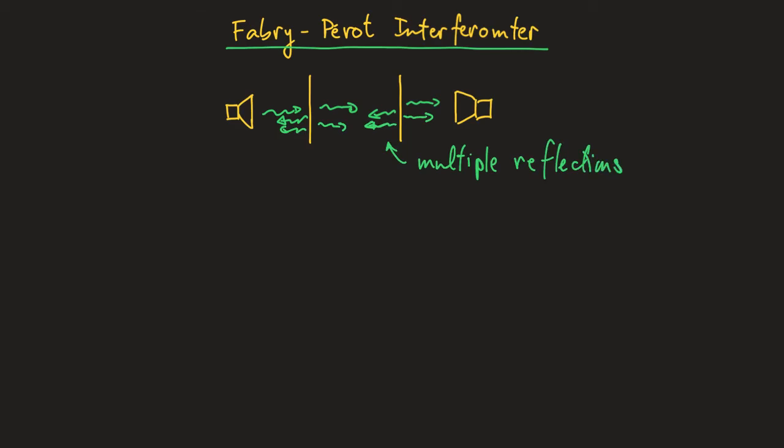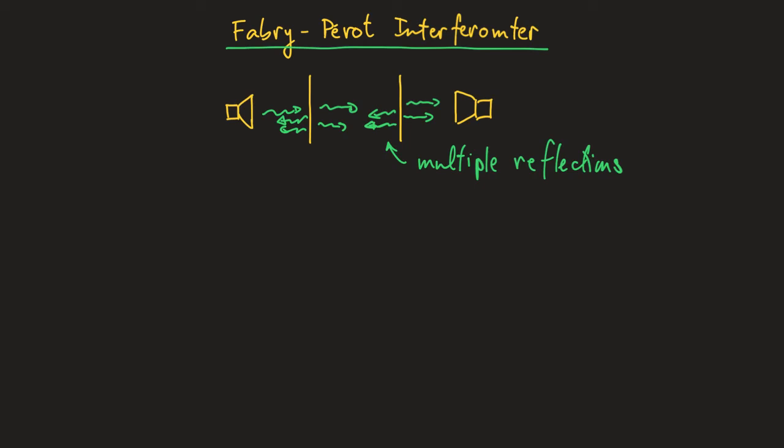Okay, so it turns out that the transmitted signal over here is the largest when all of these transmitted waves are in phase with each other. And that's the situation that we're looking for.